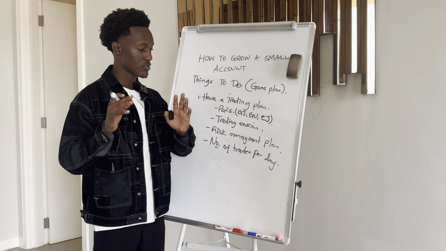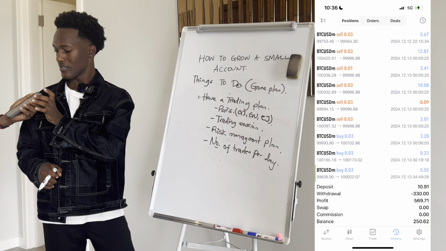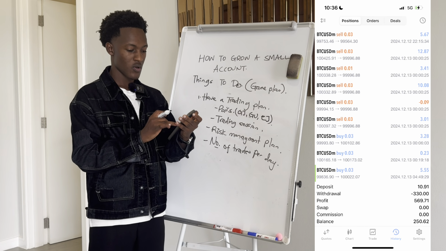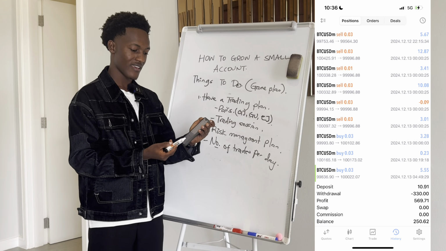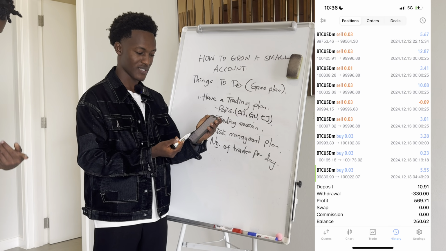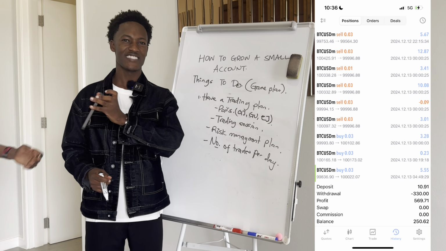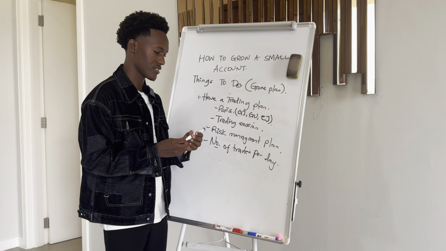I'll put a screen recording over here on the screen. So he had an account of about $10, and then profit of up to $514. Crazy, right? You could just send me the screenshot, so I'll attach it there.